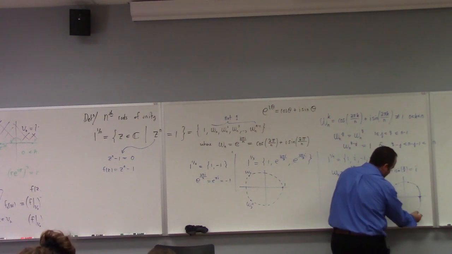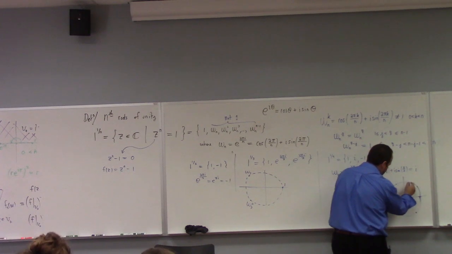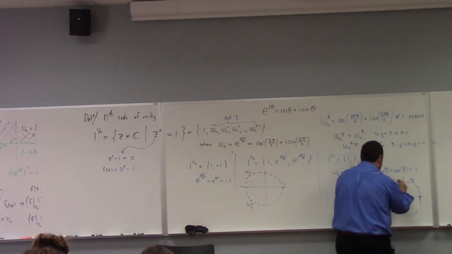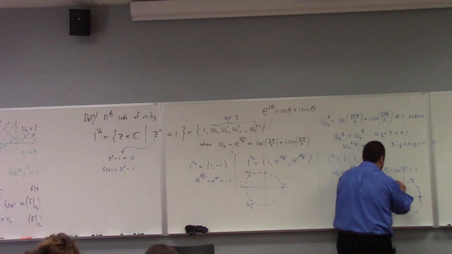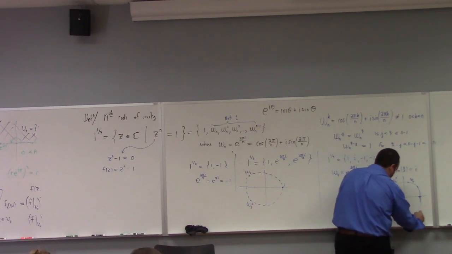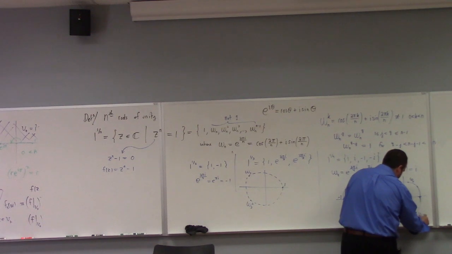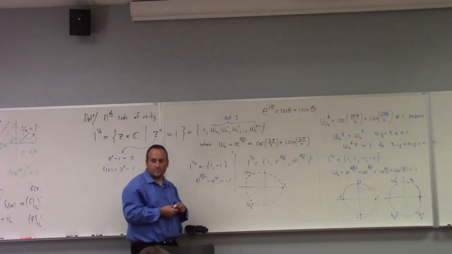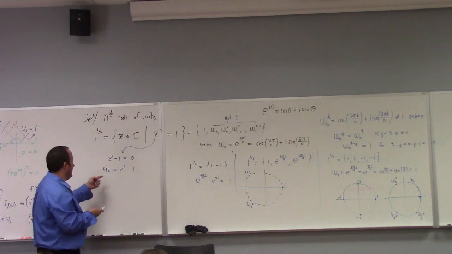But I do know this: they have to come in conjugate pairs. Why is that? Why do complex roots of unity have to come in conjugate pairs? You go back to what they are.